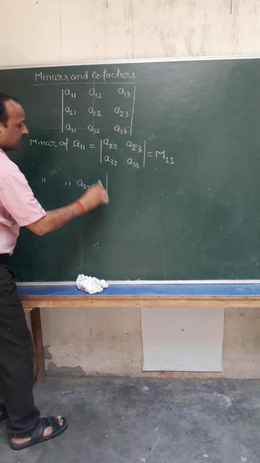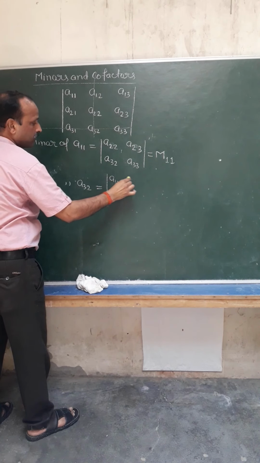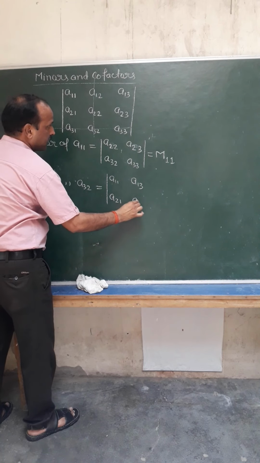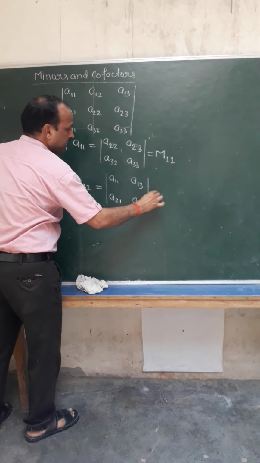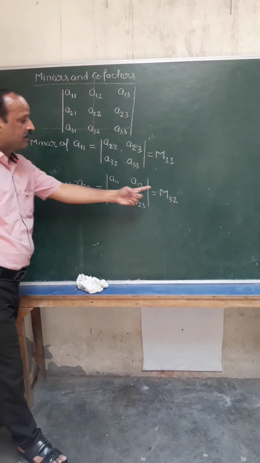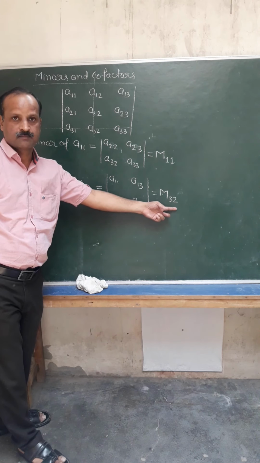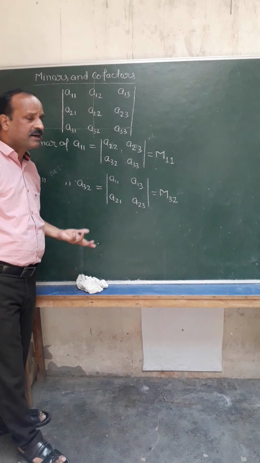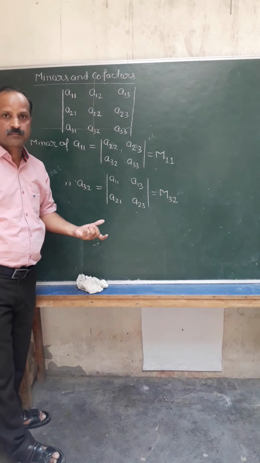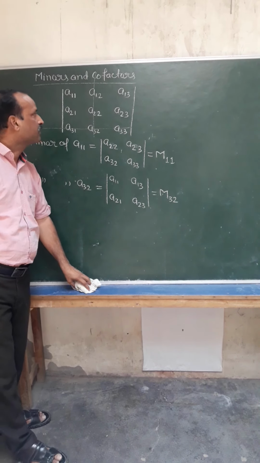The minor is A11, A13, A21, A23, and this will be denoted by M32, the minor of the third row, second column element. Cofactor is slightly different from minor. Minor means a smaller determinant obtained by eliminating a particular row and column.